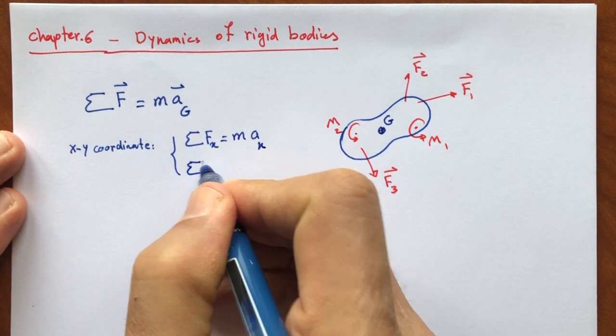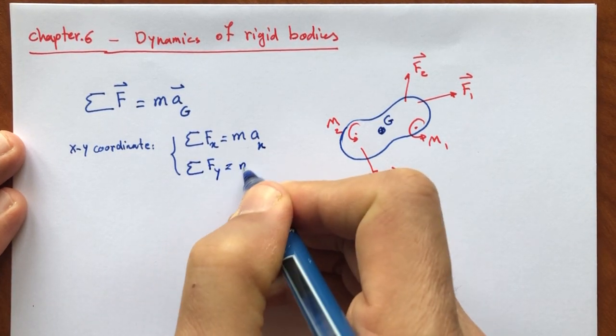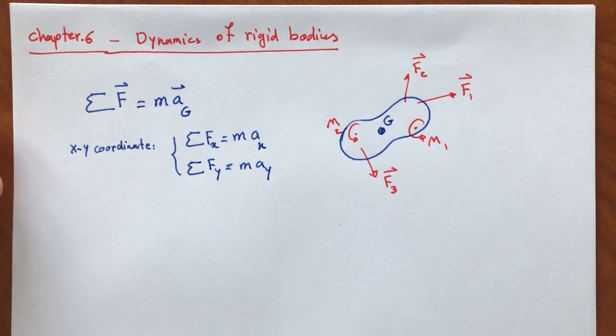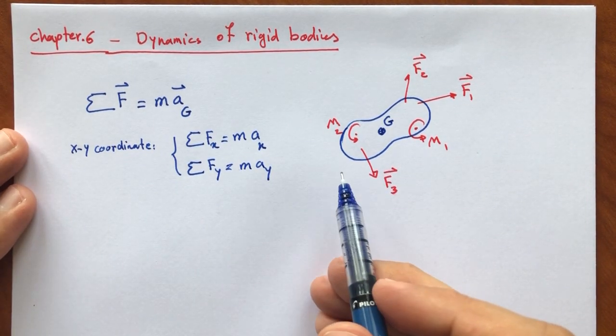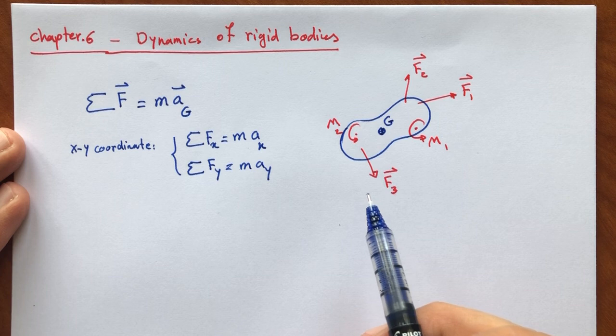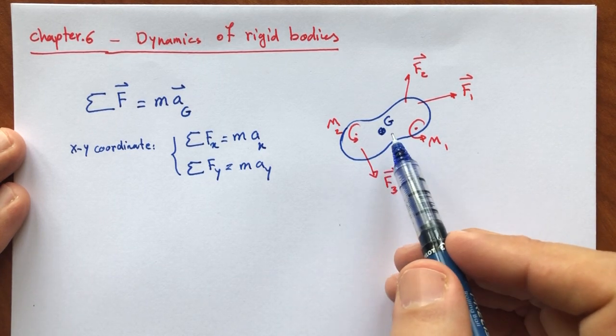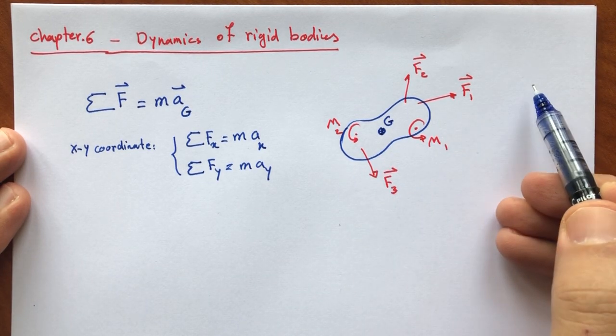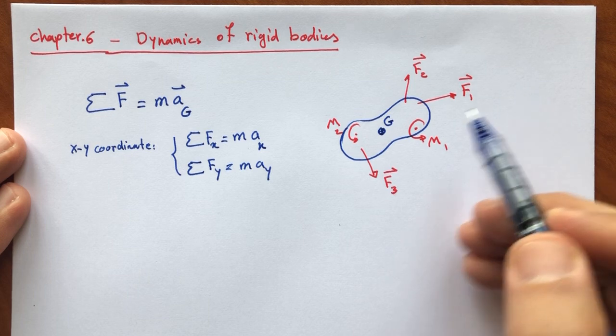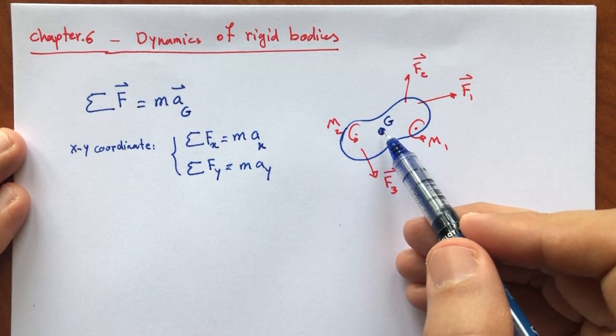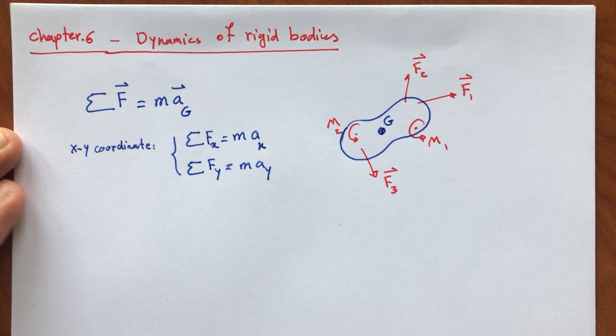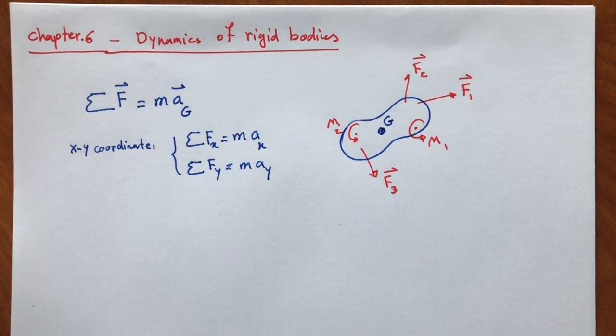Sum of the forces in the y direction is equal to mass times acceleration of the centroid in the y direction. And if you have z direction, same thing for the z direction. In general, sum of the forces in any direction, like for example this random direction, is going to be equal to the mass times acceleration of the centroid in that specific direction. So this is true for any direction.